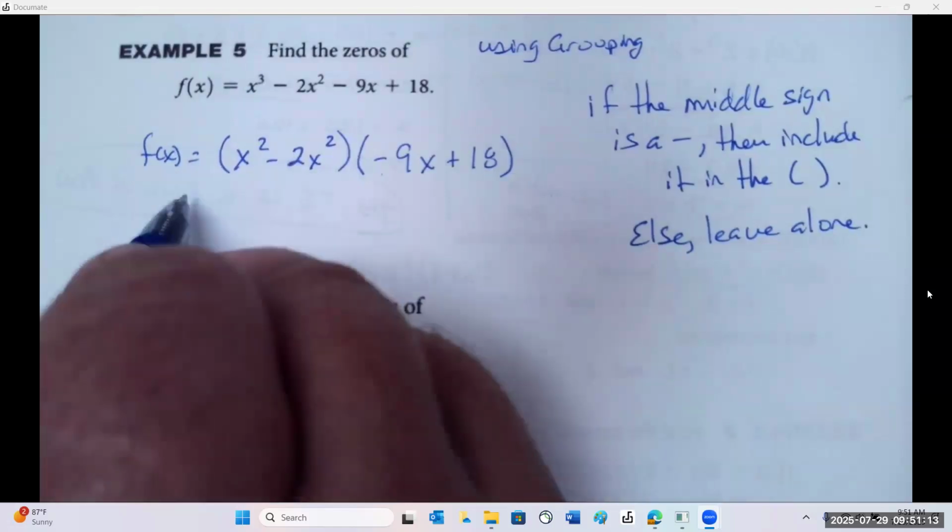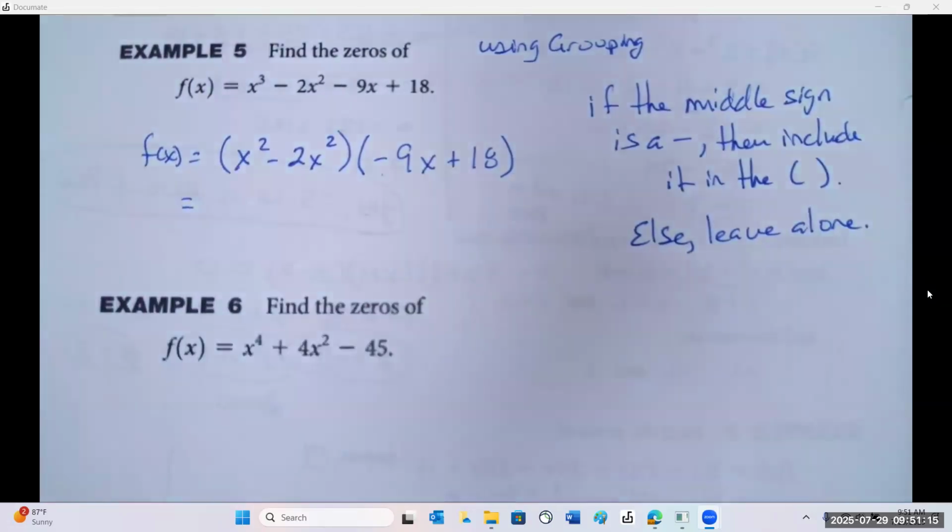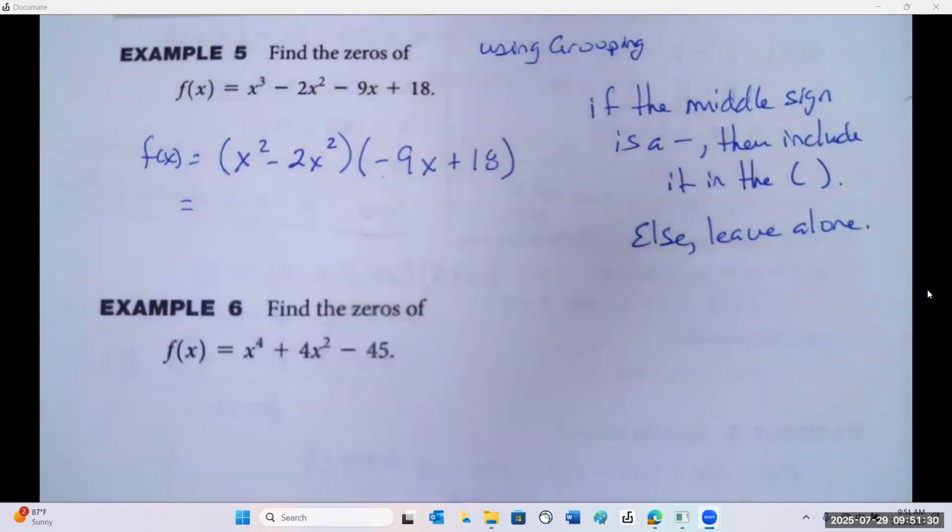Now, factor what you can. Can anything factor out of the first one? Can anything factor? In other words, is there anything the same in the first two terms? How many x's?